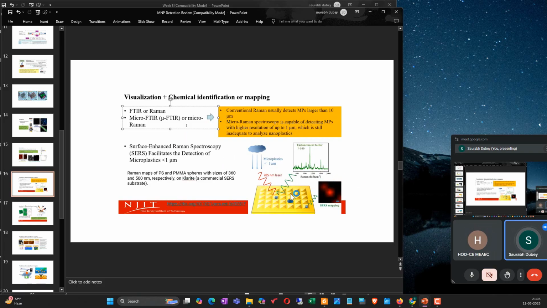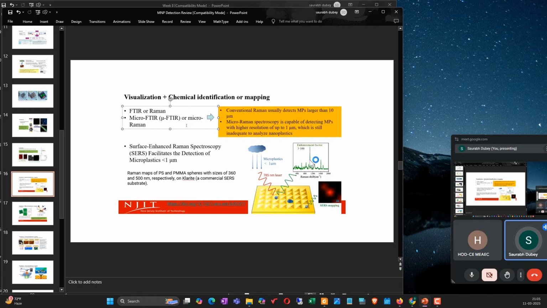is on glass and you detect it, you will get a Raman peak. Suppose for this particular peak you are getting an intensity of 40, right? But if this same plastic is resting on a gold substrate, its base is gold, and now you do Raman, this 40 will be, suppose, 400.